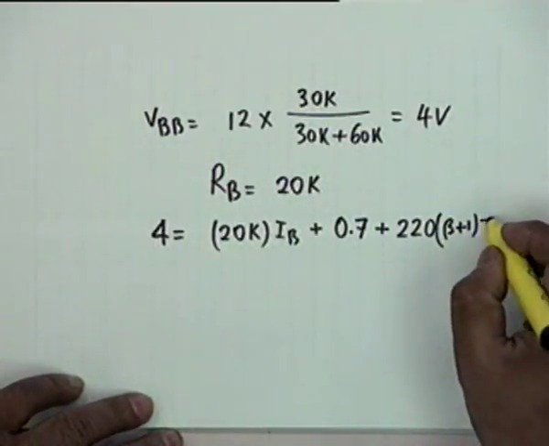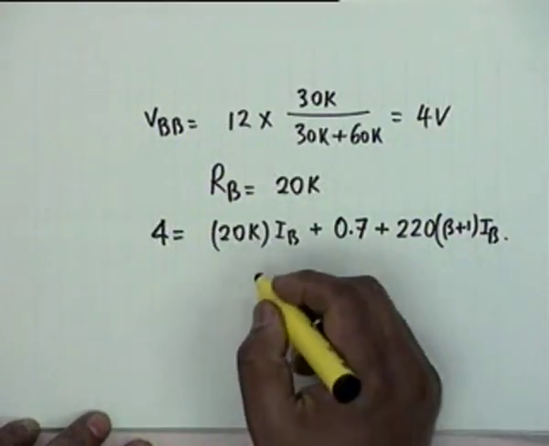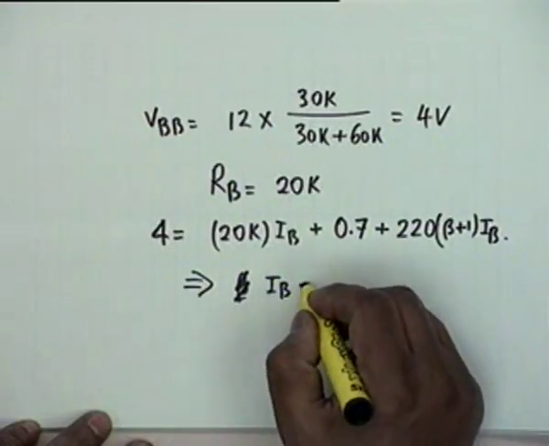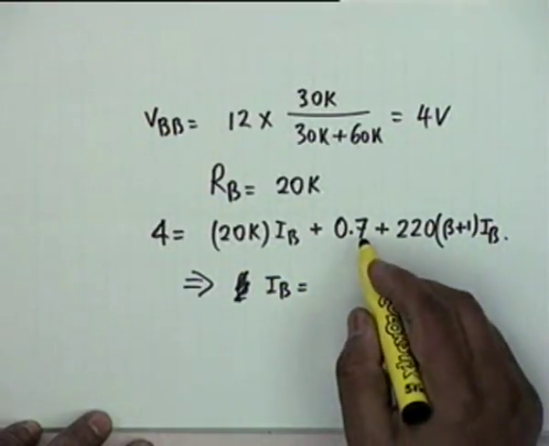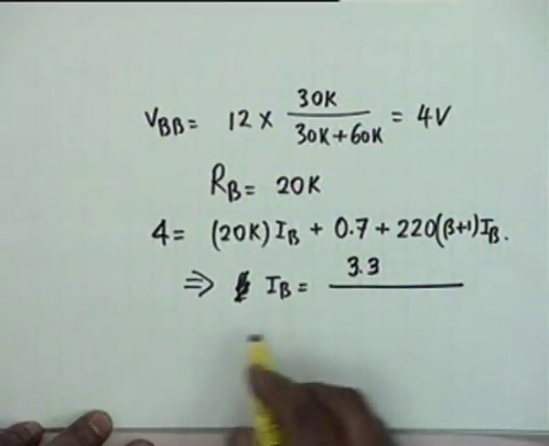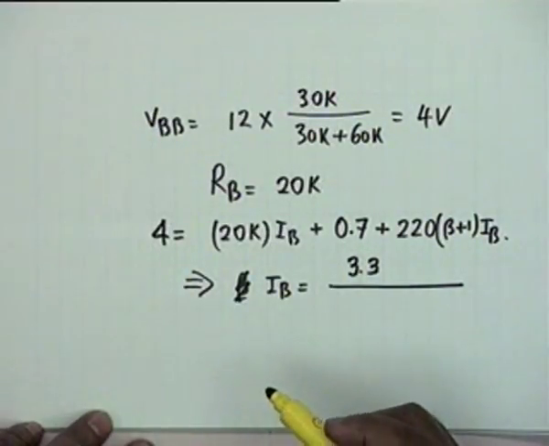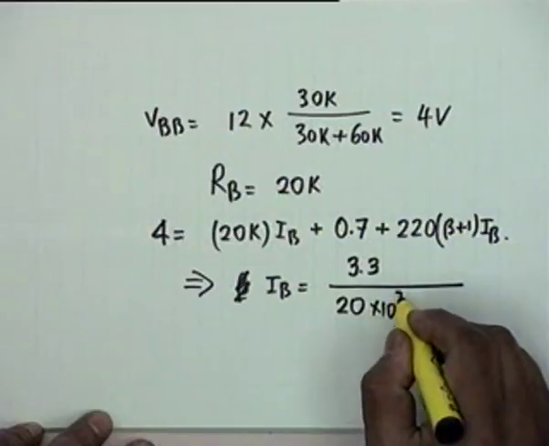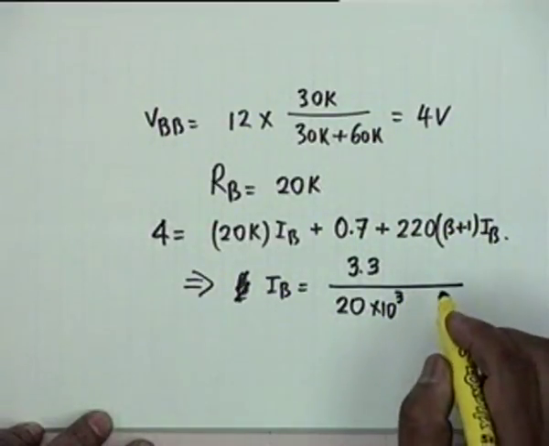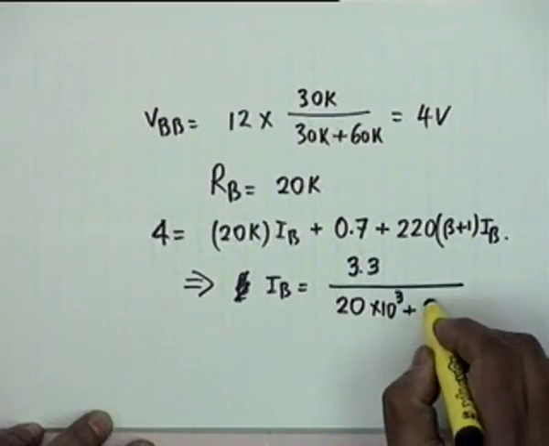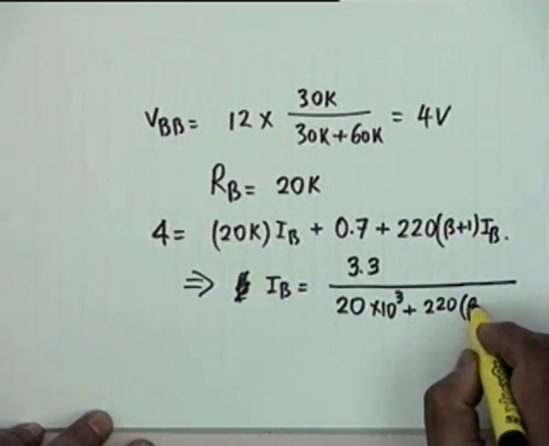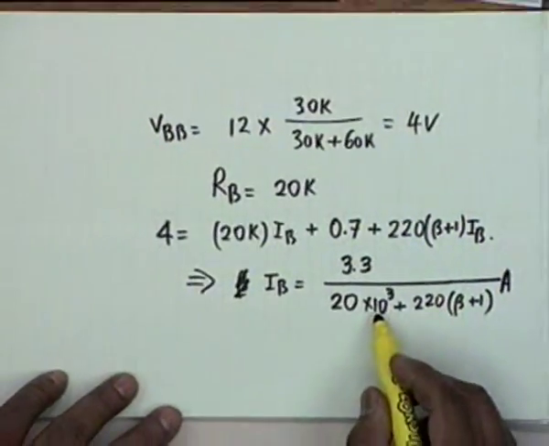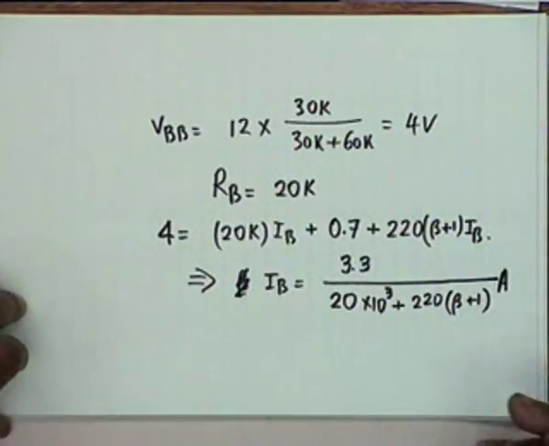Beta plus 1 multiplied by I sub B, which gives me IB as equal to 3.3 divided by 4 minus 0.7 divided by 20 times 10 to the 3, okay, 20 K plus 220 multiplied by beta plus 1, so many ampere now, because I have converted kilo to ordinary ohms.